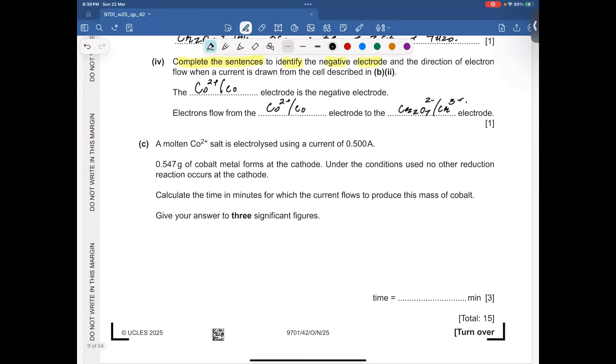A molten cobalt 2 salt is the electrolyte, using this much, so that's the current. This is I. This is the mass of cobalt metal that forms at the cathode. At the cathode, reduction takes place.